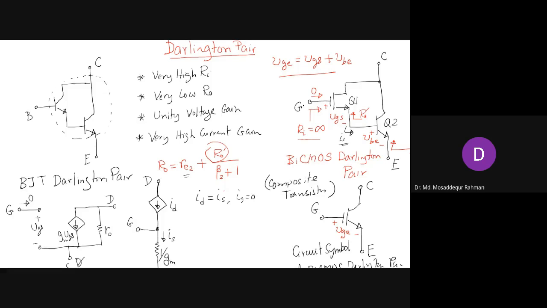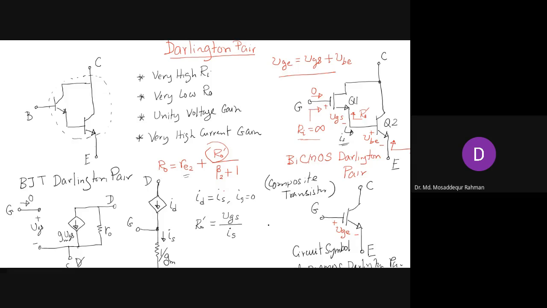If you're looking from the gate, current is zero, but if you are looking from the source, current is not zero. So that means if you are looking from the source side, the resistance between the source and gate is not infinite. So what's the resistance then? Looking from the source side, we can write R0 prime as the voltage between gate and source, VGS, divided by IS.